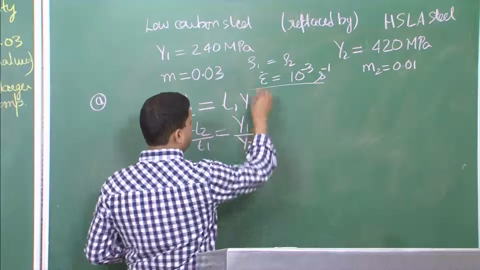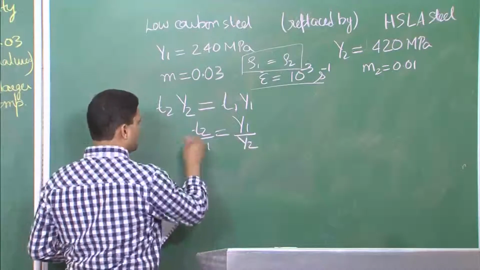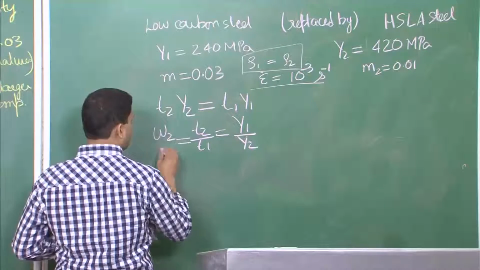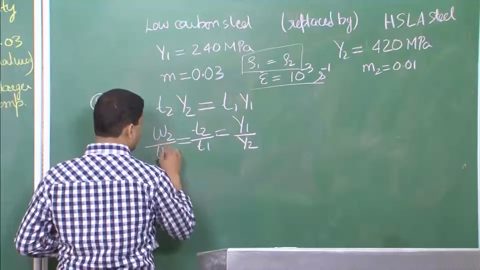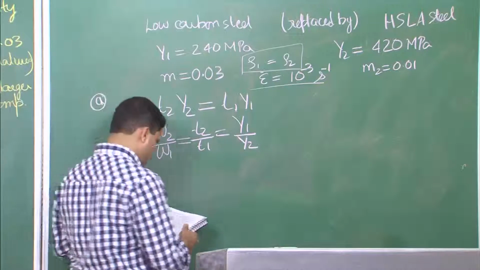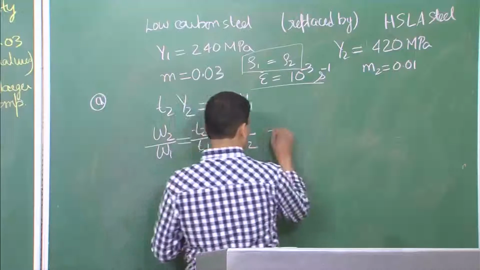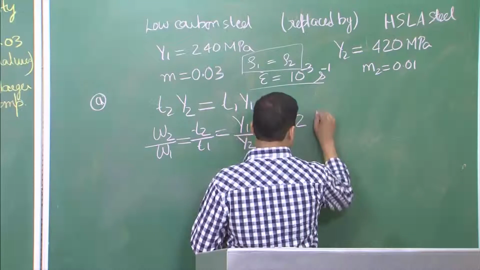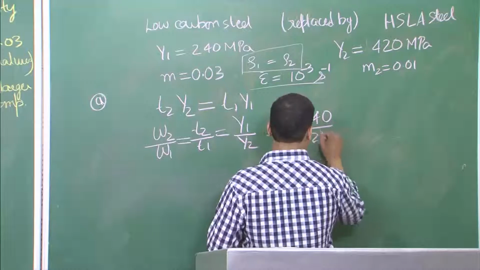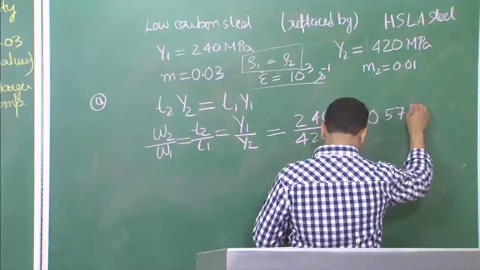Now, since we have already said that density is the same, the weight for the two should also be proportional to the thickness ratio. So, W2 by W1 will be equal to T2 by T1, equal to Y1 by Y2, and here you can put in the values and get 240 by 420, which is equal to 0.571.